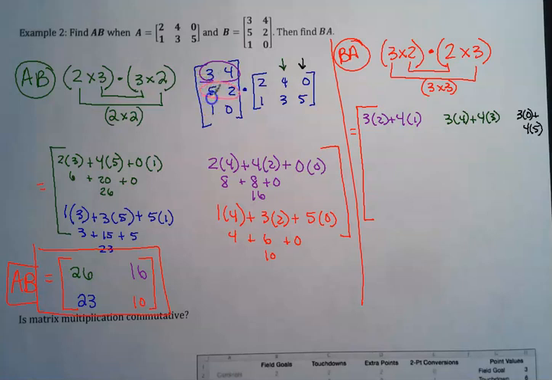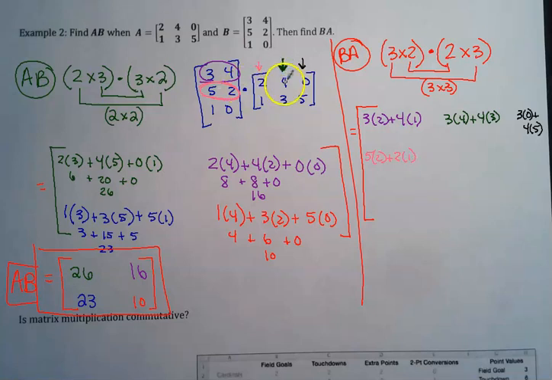All right, then we're going to focus on the second row here. So we've got 5, and we're going to do the first column. So 5 times 2 plus 2 times 1. And then we're going to go to the second column.